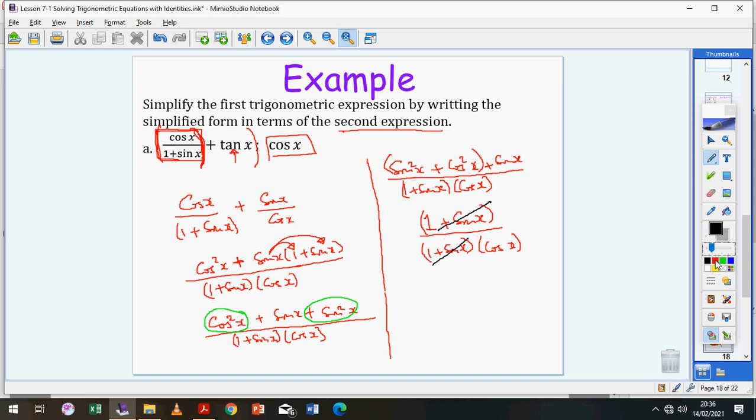Now I'll just be left with 1 divided by cosine of x. I've expressed the first expression in terms of the second one, which is what the question asked me to do in the beginning, in terms of cosine, and I've done it. So that whole expression is equal to 1 divided by cosine.